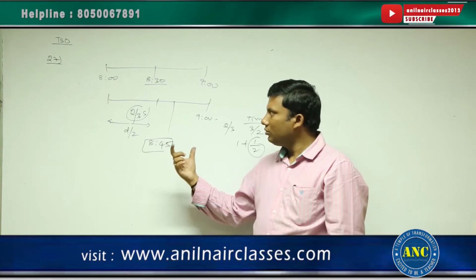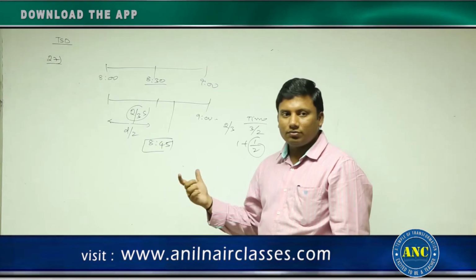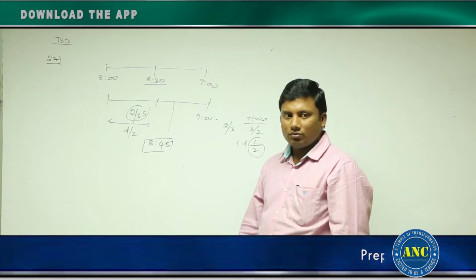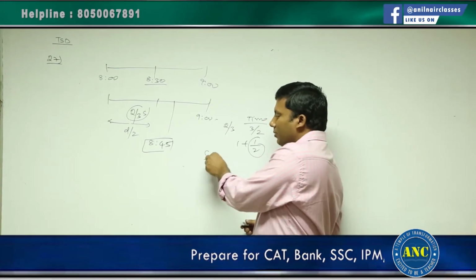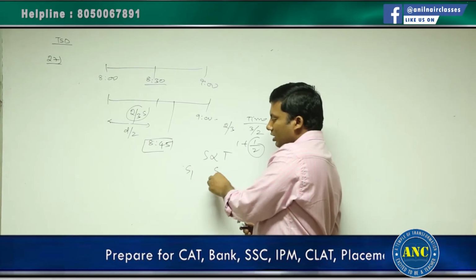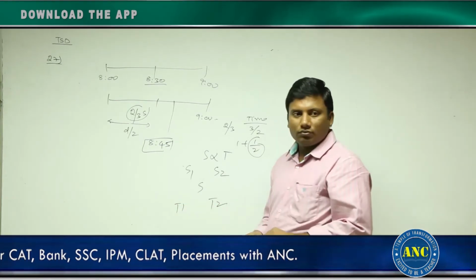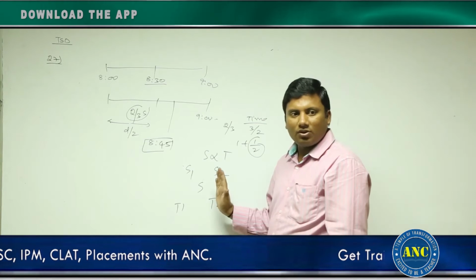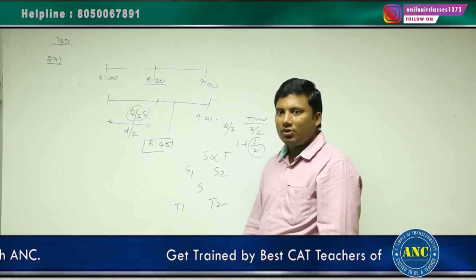The answer should be 2s for this question, but when we solve by alligation, it's not. What is the ratio that you have taken? Speed is inversely proportional to time. What is the mistake you did? I took D1, D2. That's the reason.